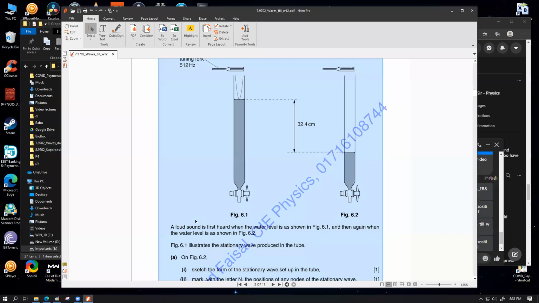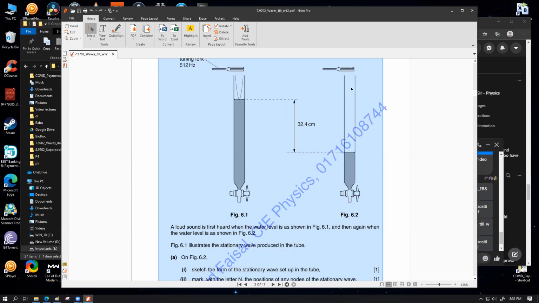Sir, no matter what the length of the tube, will one end always be an antinode and the other one a node? For a one end closed tube, yes. That's how one end closed tubes behave. The entry point for the wave is always an antinode, and the reflection surface is always a node. So this is a one end closed tube, because this water surface is working as a reflector.